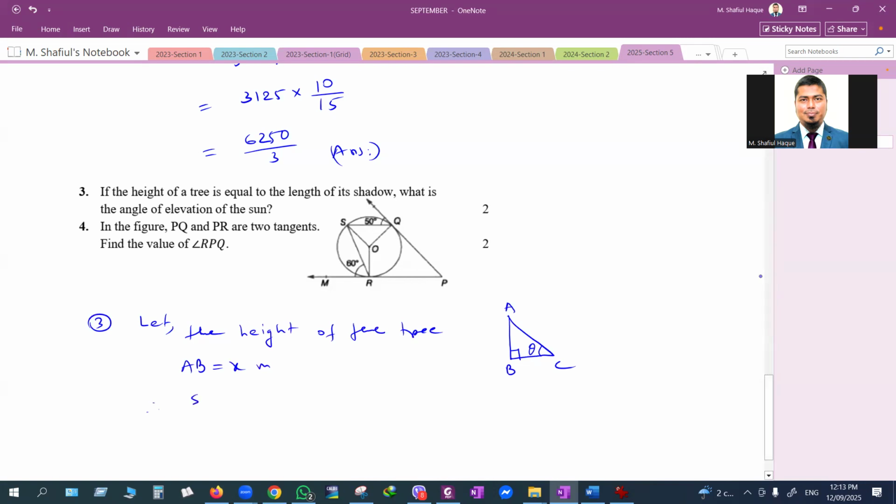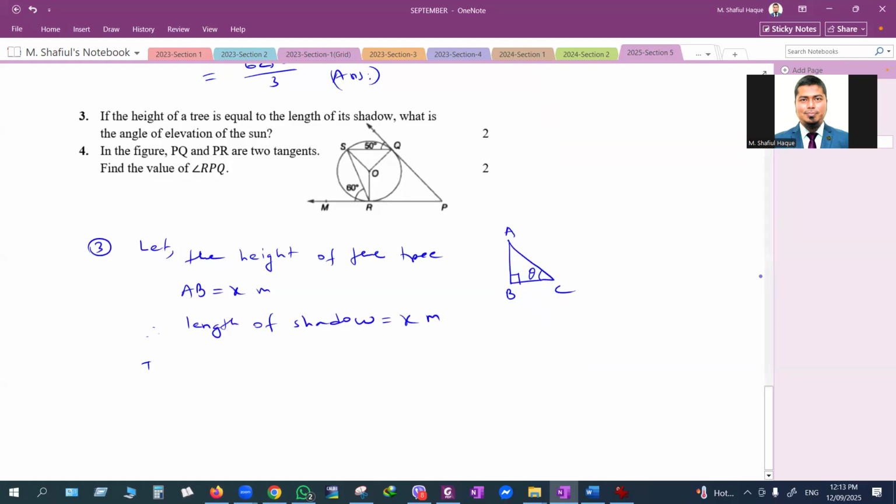Therefore, the length of the shadow is equal to x meter, because they are equal, in triangle ABC.